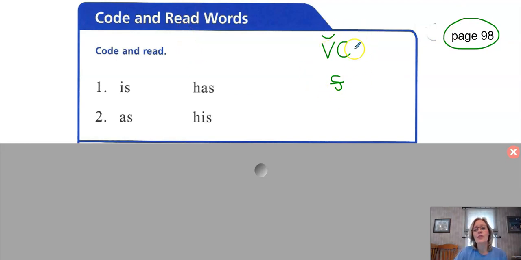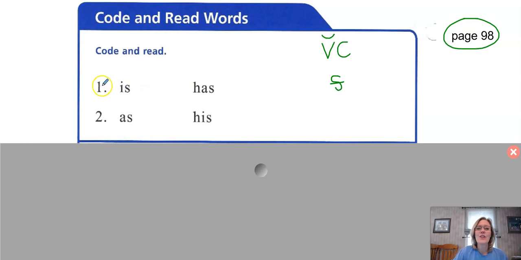Now, I want you to copy this down. Pause the video if you need time, but we're going to be coding with a breve, which is a vowel in a closed syllable short, coded with a breve. And then we're going to have the letter S that is voiced. So we'll need a voice line through that. Let's get started here.